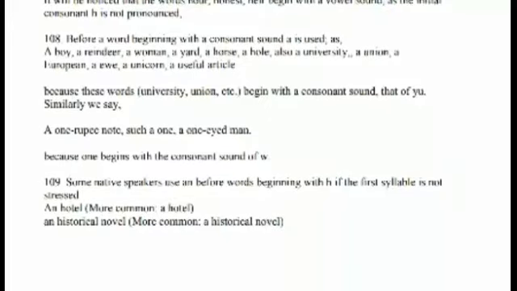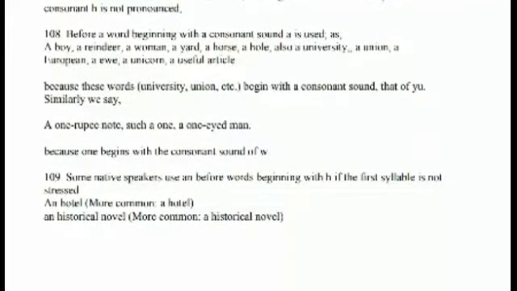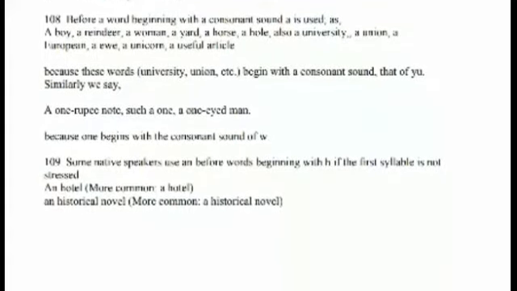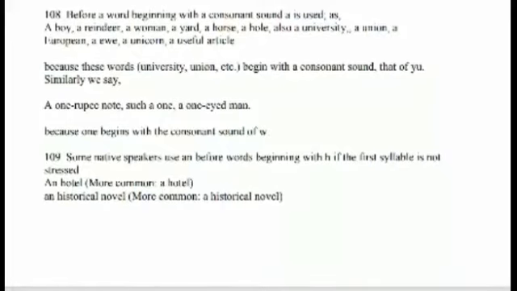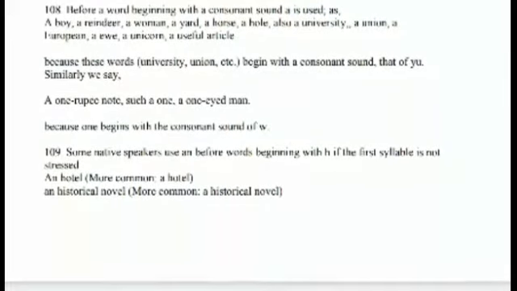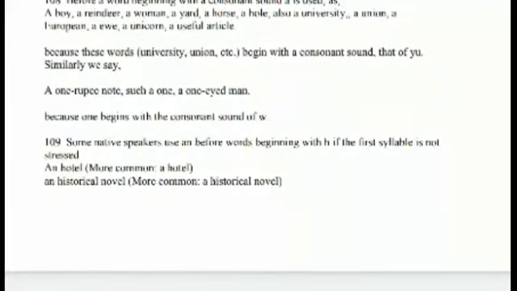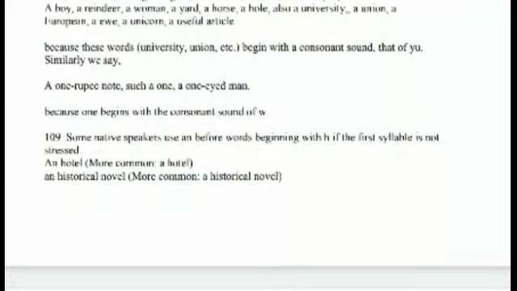Before a word beginning with a consonant sound, a is used. Example, a boy, a woman, a yard, a horse, a hole, and a university. Here university starts with the vowel U, but it is not sounding like that.